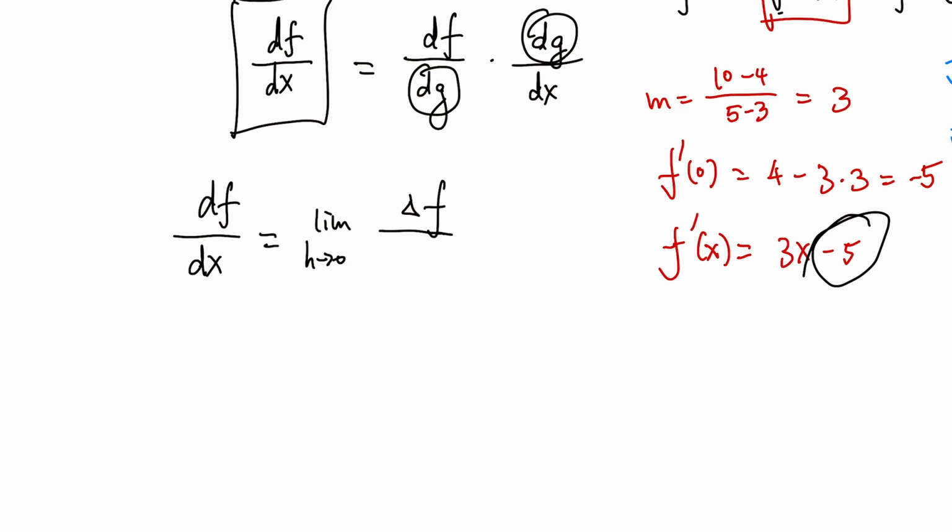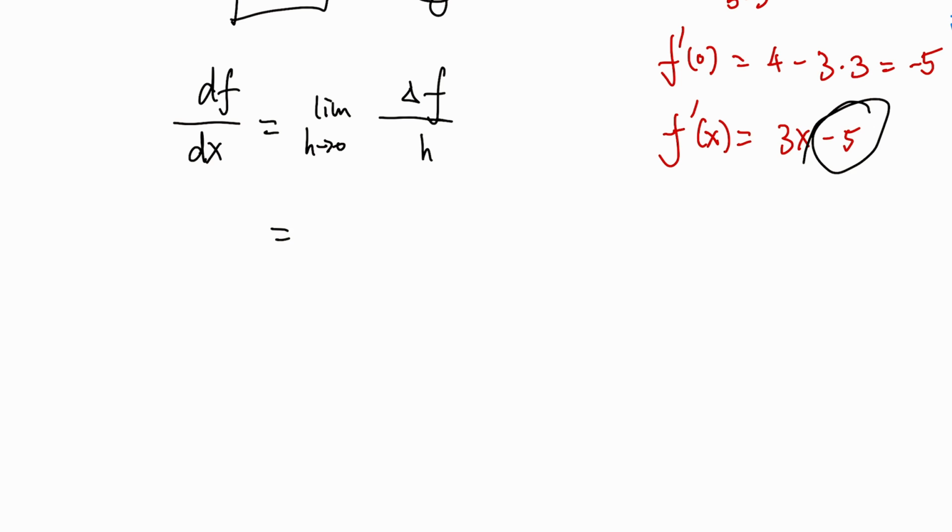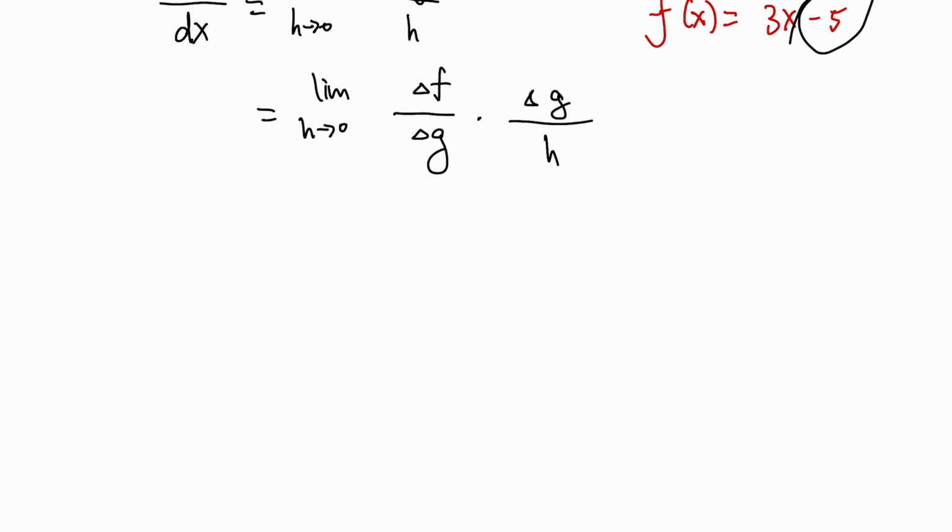So the change of f over the change of x, which is just h in our case, and this is actually the definition of derivatives if you don't recognize it. That is equal to the limit as h approaches 0 of delta f over delta g times delta g over h. And we can use the property of limits to split it up to get this.